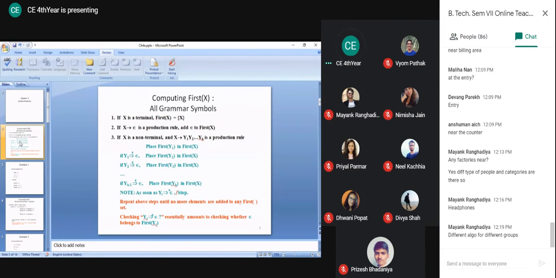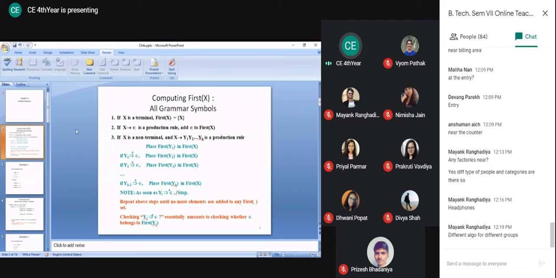So to calculate first of X, here X can be a terminal or a non-terminal. If X is a terminal symbol, then first of X is equal to X. So for a terminal symbol, the first of X is itself. Basically for a terminal symbol, we don't have to do anything, in short, because the terminal symbol itself is the first of it.